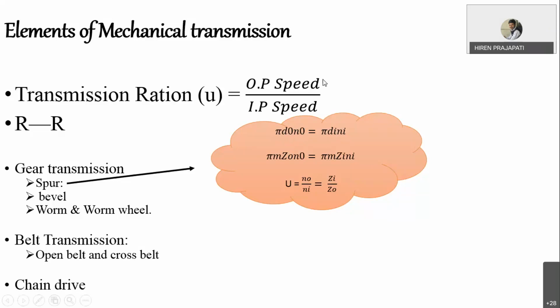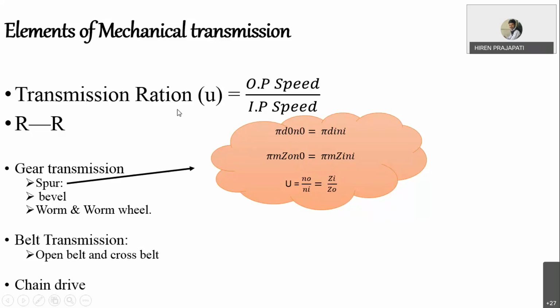Now here we replace the diameter by module and number of teeth on the output gear. So m z0, where m is module and z0 is the total number of teeth on the output gear. The module should be the same for gear engagement, which is why both gears have the same module m. And zi stands for the total number of teeth on the input gear.